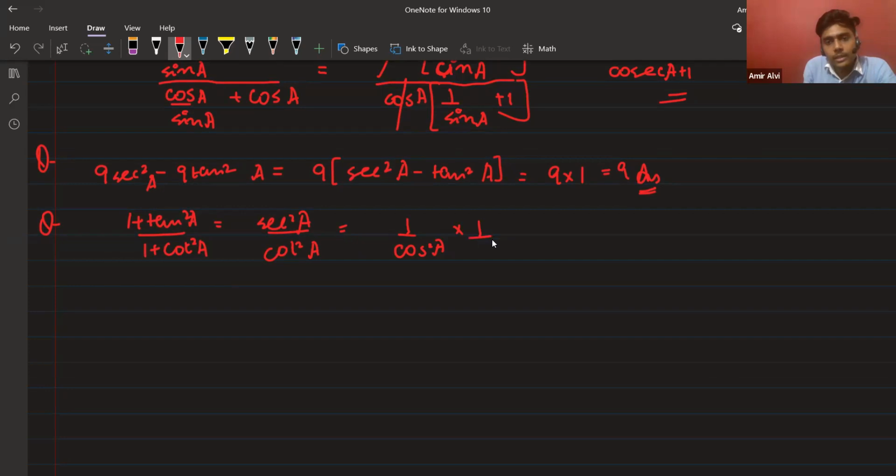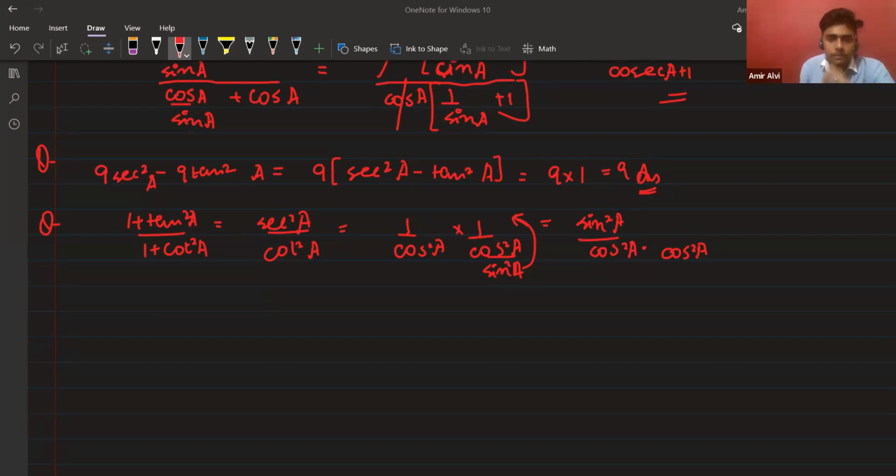Cot square A can be written as 1 by 1 by cos square A into sin square A. Sin square will come here, yes or no? Double division. Yes, sir.